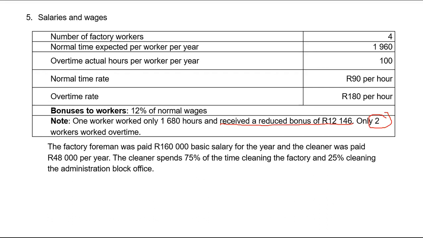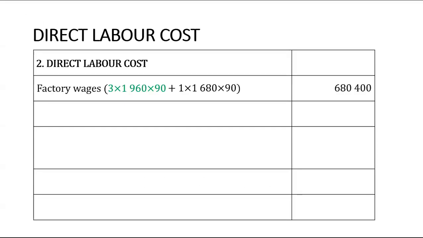So we take 2 times 100 times 180 to get our overtime cost. That will be part of our direct labor, the cost that we paid for employing these workers. So for direct labor, I am going to take 2 workers multiplied by 100 times by 180.